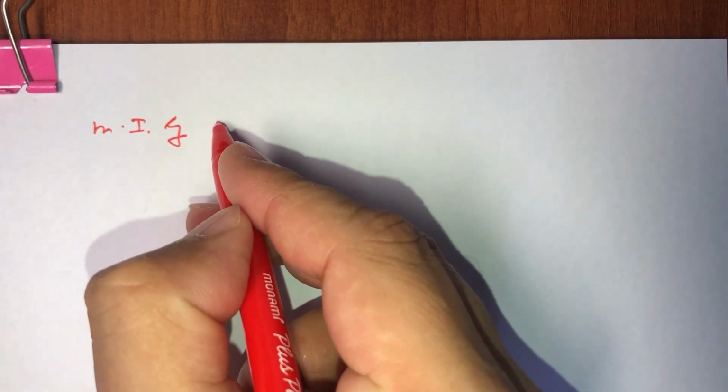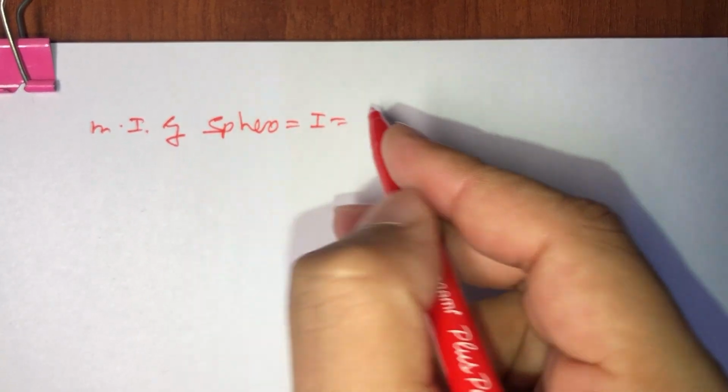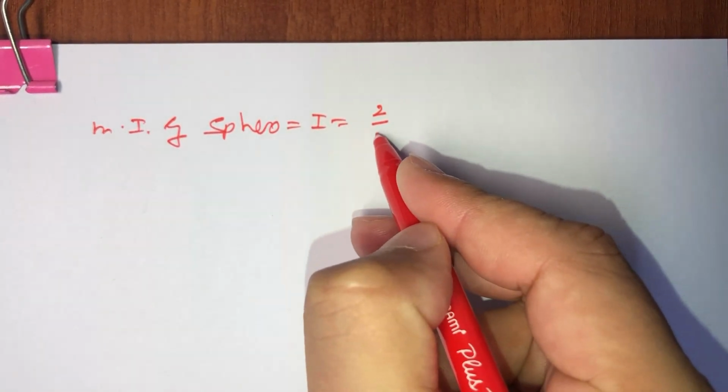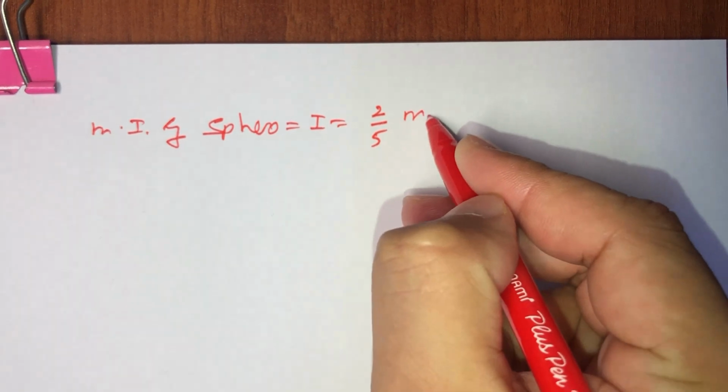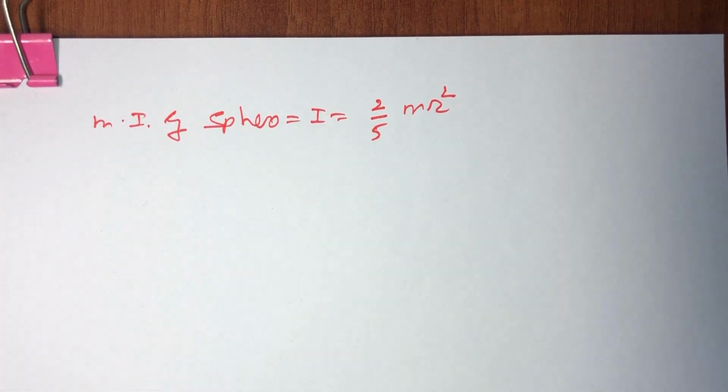Now let us write the formula for the moment of inertia of the sphere. We know that the moment of inertia I is given as 2 by 5 m r square. Also, it is mentioned that there is no slipping, only rolling.